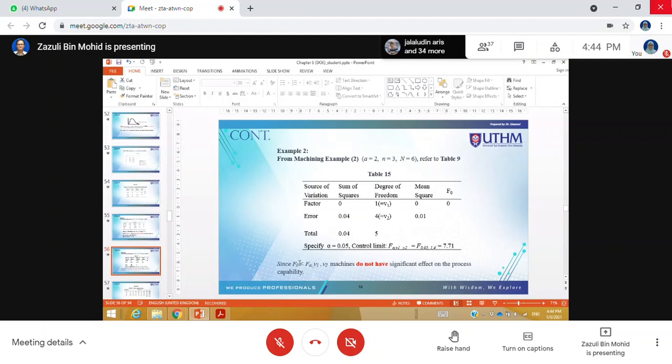In this case, the value of F0 that we calculated is smaller than the F value that we can get from the table. It means that the factor doesn't have effect on the process capability or on the output.